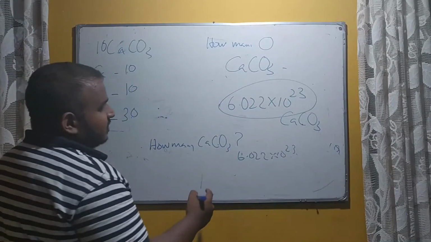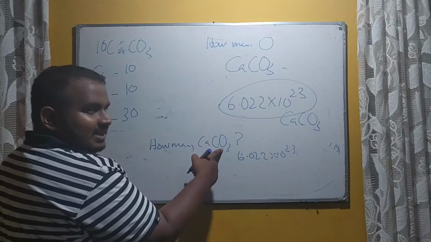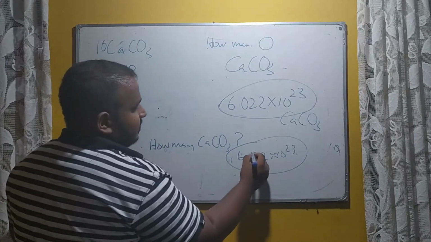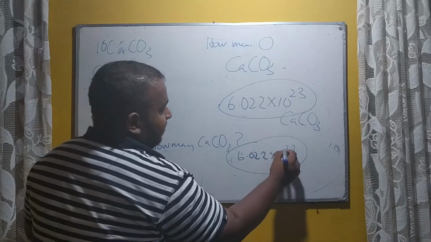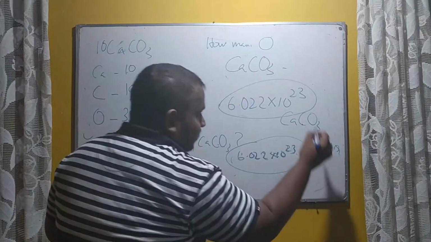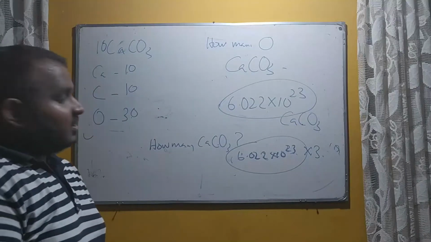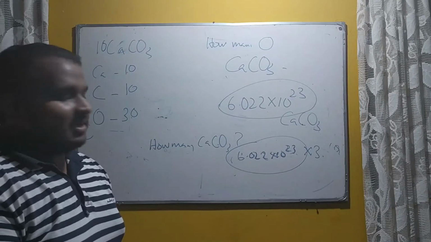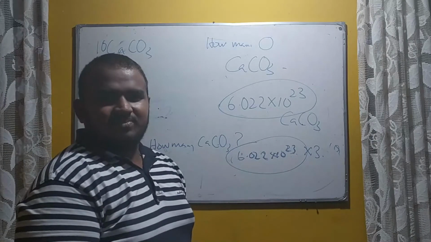Now it is our target to find how many oxygen. There, what you should do is, in one calcium carbonate there are 3. So for this much calcium carbonate, 6.022 into 10 to the power of 23, the thrice amount will be. That is the most important point.